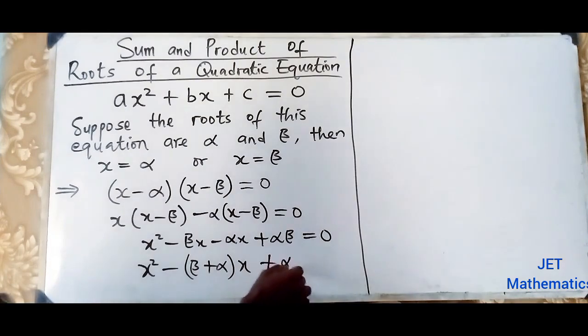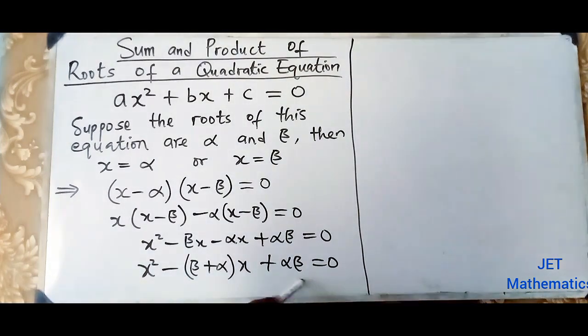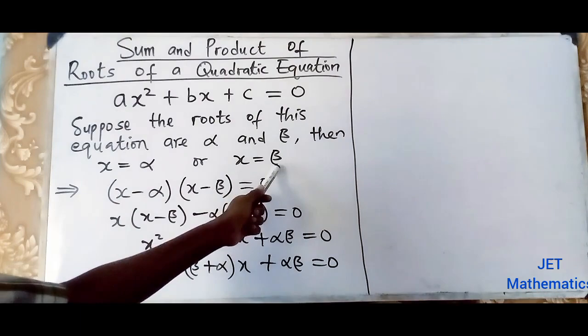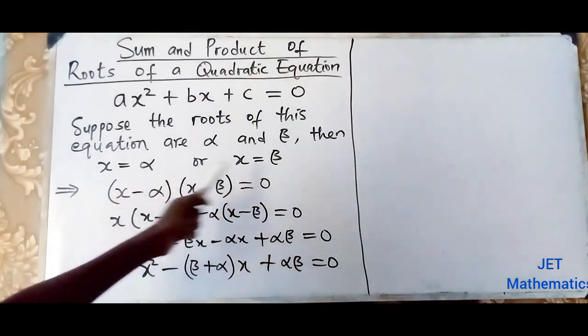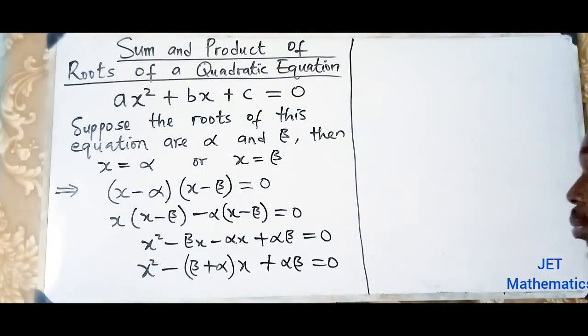Then here we have alpha beta equals 0. Remember, at this point we factorized minus x out, okay? So we're left here with beta plus alpha. So this becomes the general form of the quadratic equation whose roots are alpha and beta.